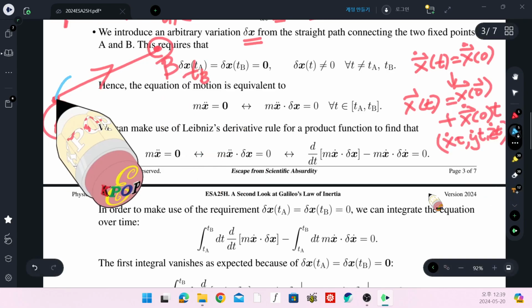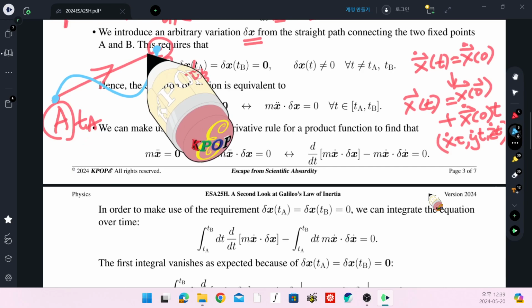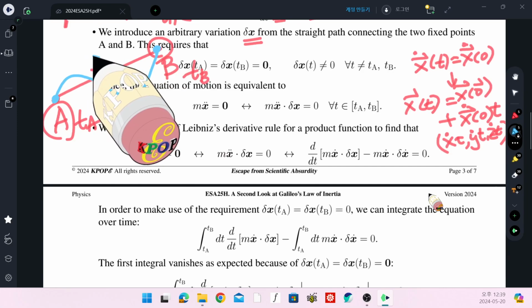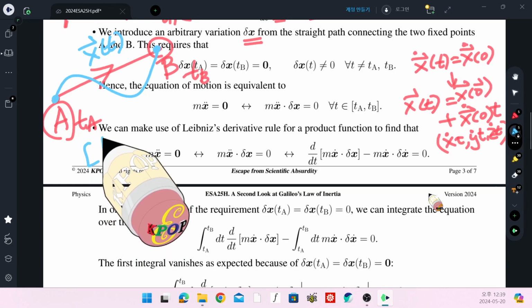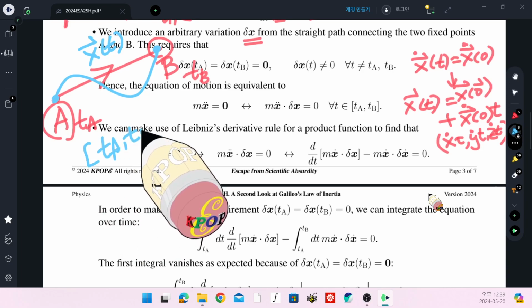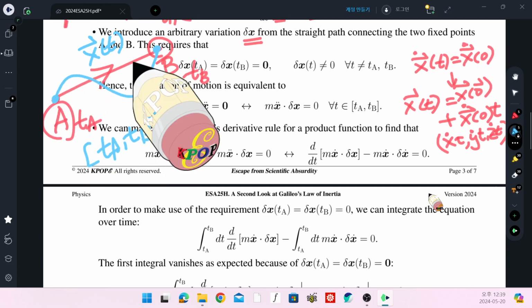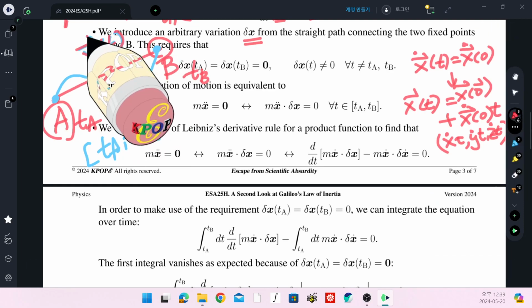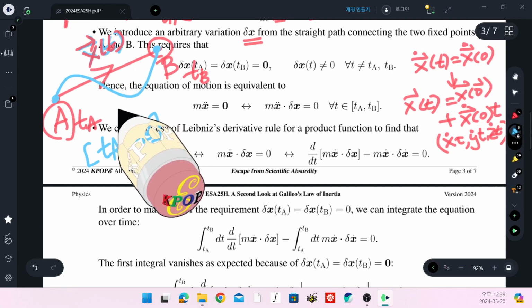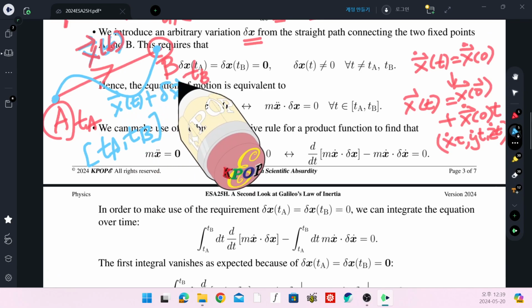But we introduce unphysical paths, keeping the two endpoints the same as the physical path. So this is x of t, a vector depending on time, whose time interval is from ta to tb. And wait a second, x of t is the red one, and this is x of t plus delta x of t.